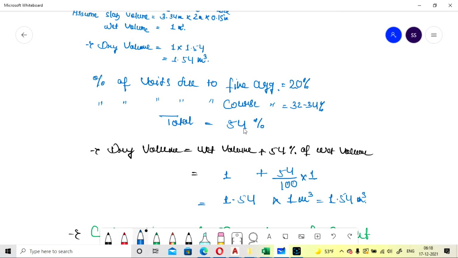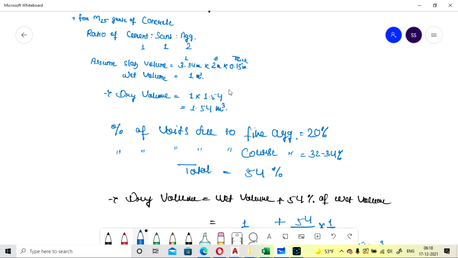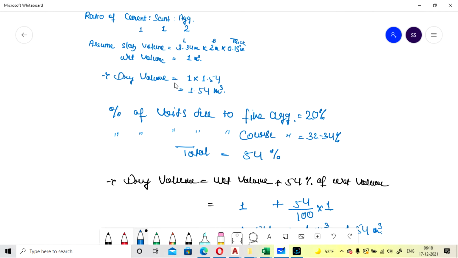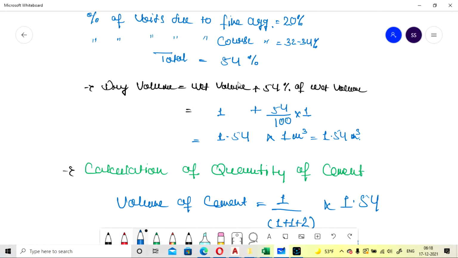So according to that we have to assume the dry volume. So you have to remember only 1.54 for the calculation of the dry volume. Multiply it with your wet volume, so our dry volume will come as 1.54 m cube.